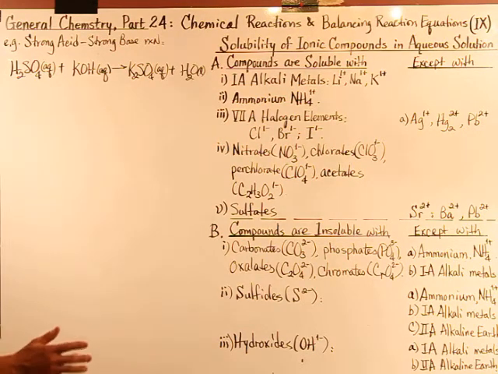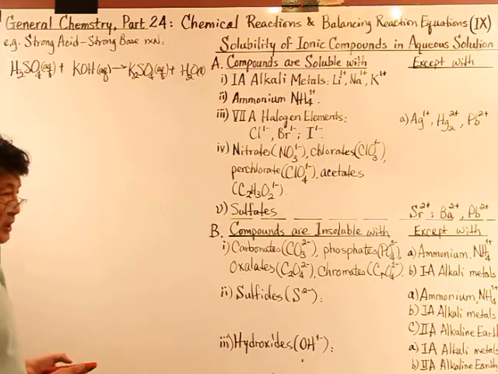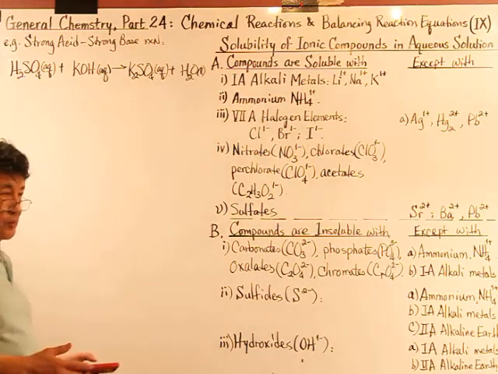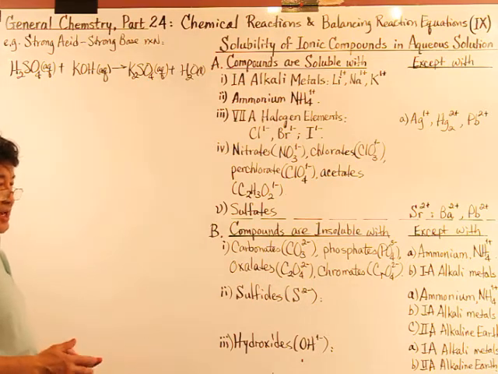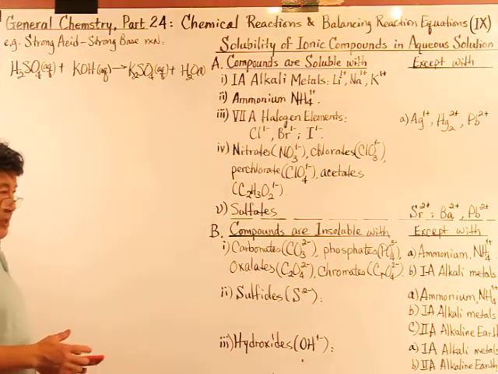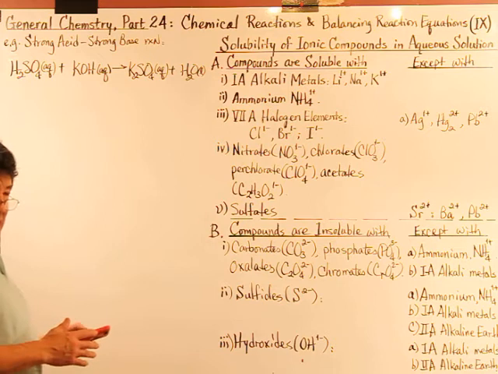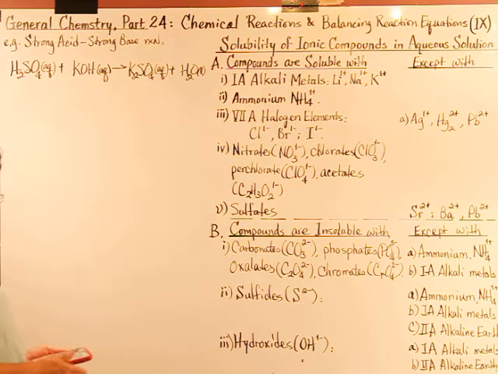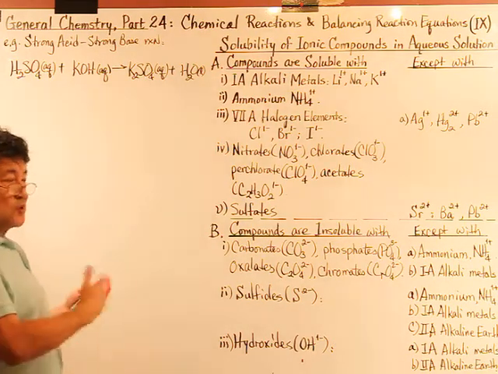We're in the middle of introducing an acid-base reaction, in which we use sulfuric acid and potassium hydroxide. Both are strong. One is a strong acid, one is a strong base.